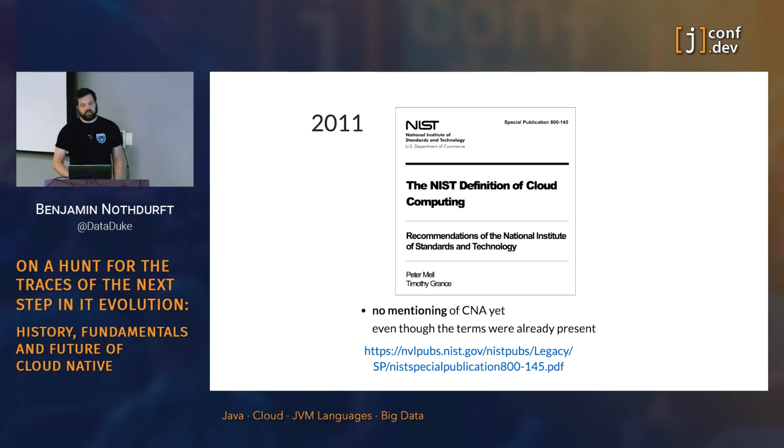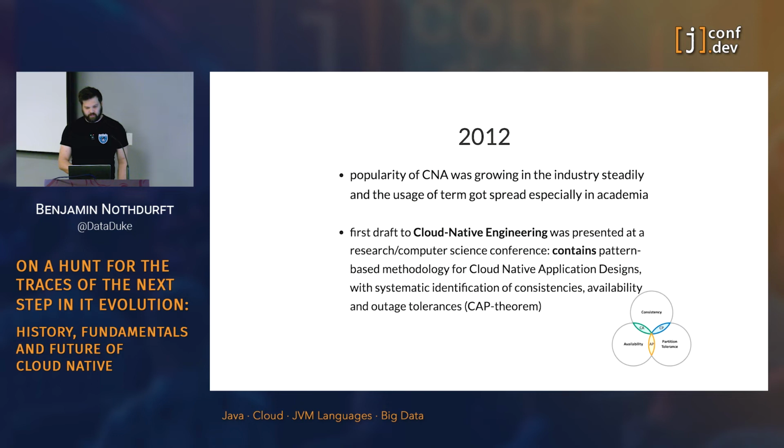Then in 2011, there was a publication called the NIST Definition of Cloud Computing. It's basically a glossary. And there are a lot of definitions already, not yet about cloud native applications, but already very deeply about cloud computing.